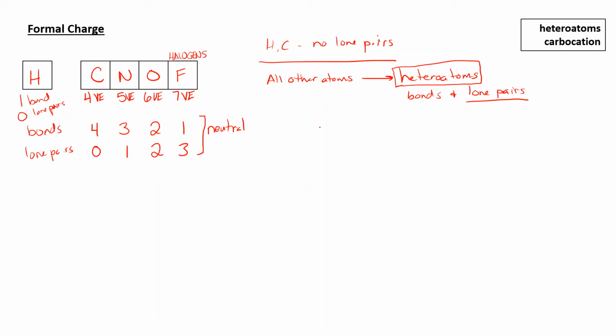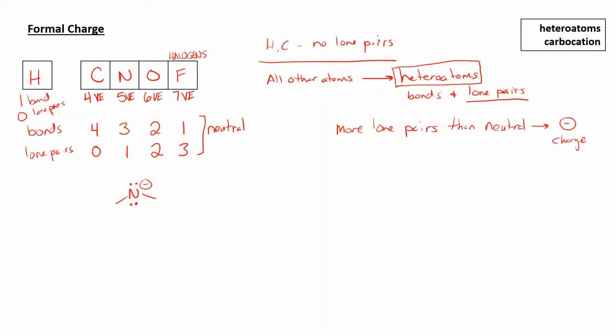So with heteroatoms, if you have more lone pairs than you would expect, more lone pairs than neutral, you end up with negative charge. Right? So if you have a nitrogen atom, we can draw a nitrogen atom really quick. If you have a nitrogen atom that has 2 bonds and 2 lone pairs, I don't even have to do a calculation.